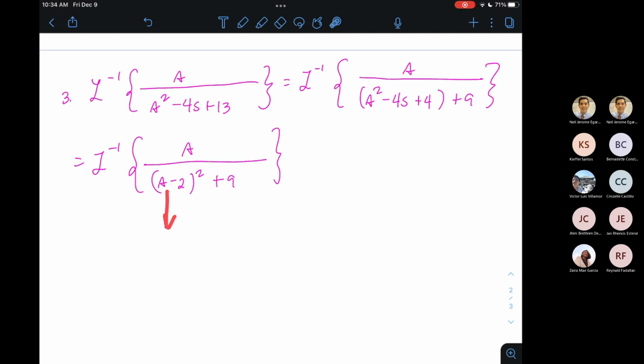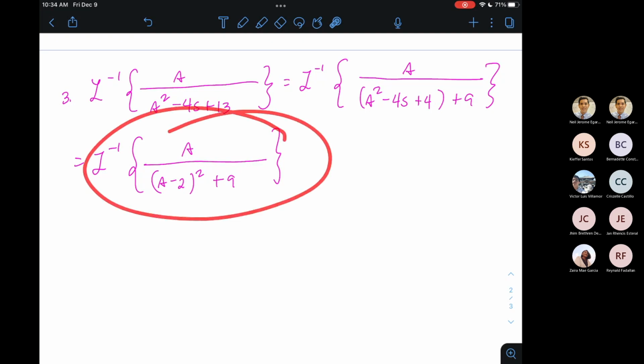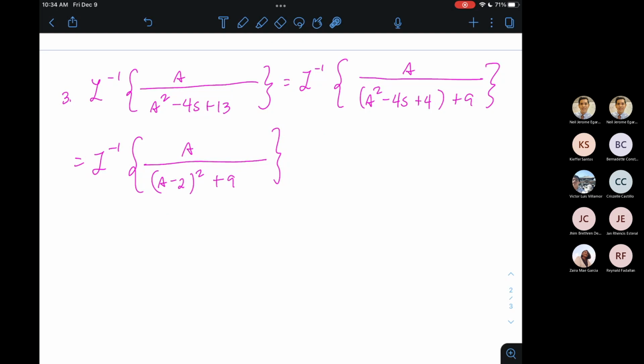But now I want to have an s plus 2. So that means I need to multiply this inverse Laplace transform by e to the negative negative 2. So that means a net of e to the 2t.